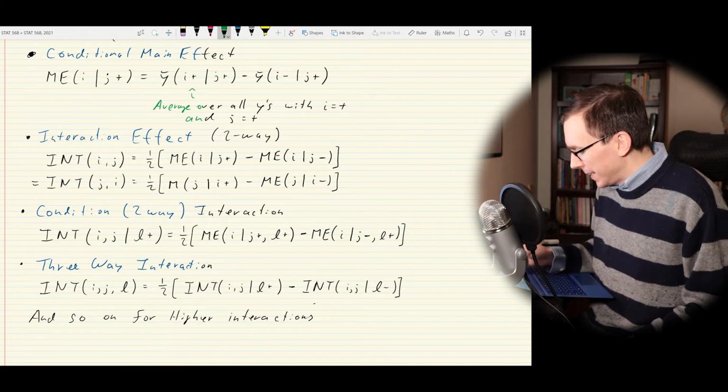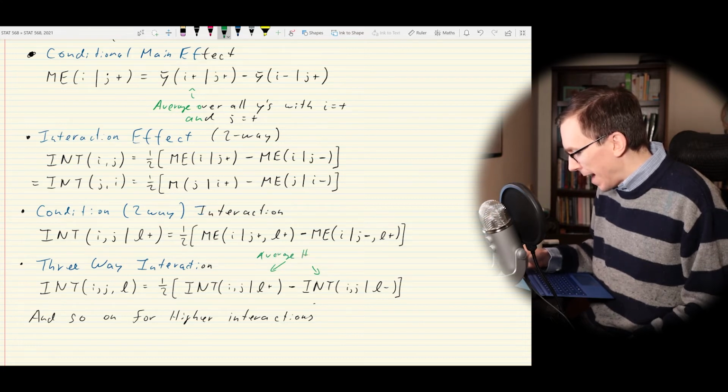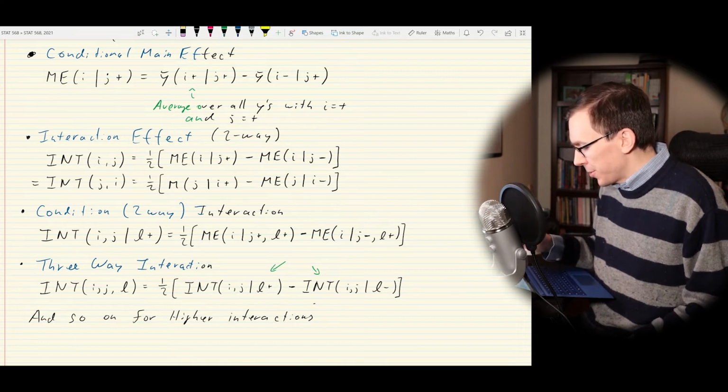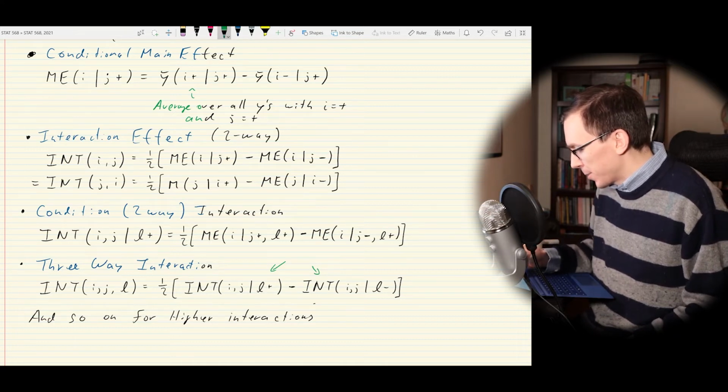what we have down here is that even for a three-way interaction, we're still averaging, maybe not averaging, but each of these terms is sort of disjoint halves of the data.